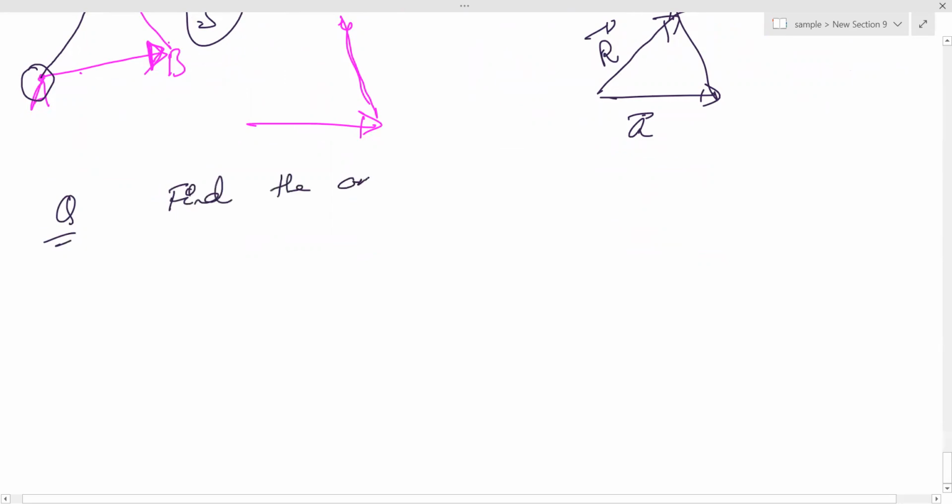Find the angle between the given vectors with the help of the angles given.